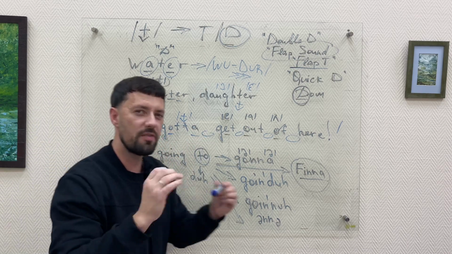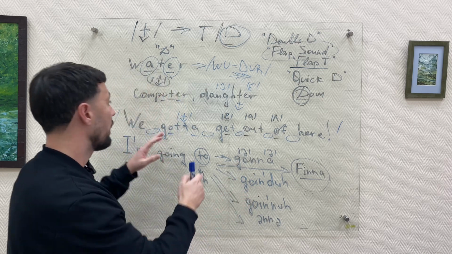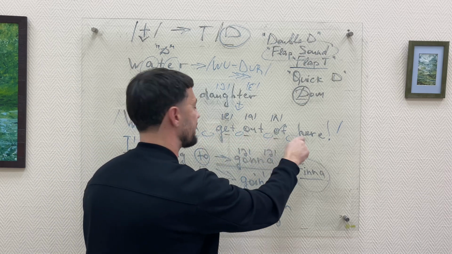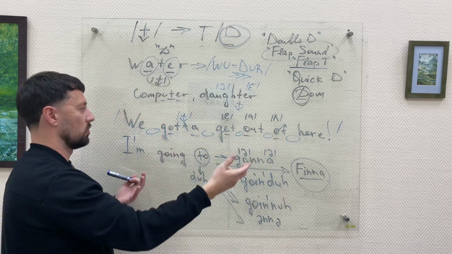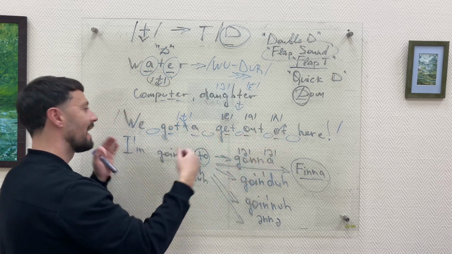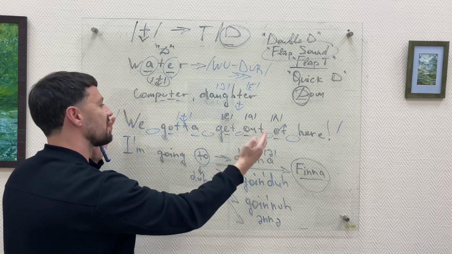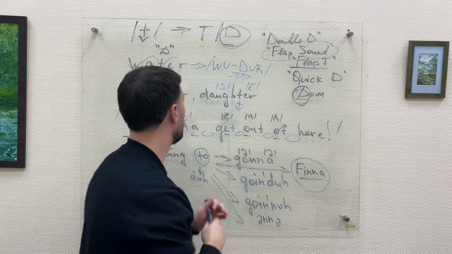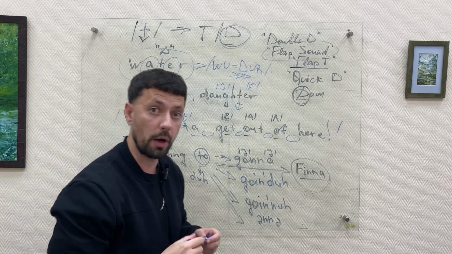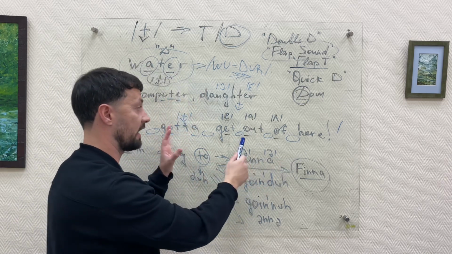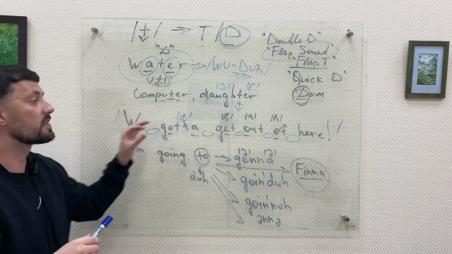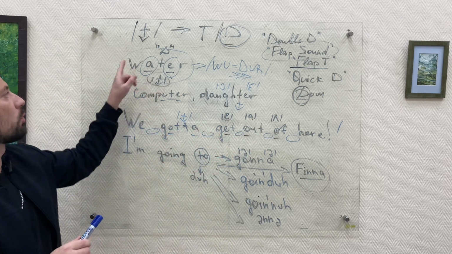Once we've connected it all, it's no longer seven separate words, because gotta, has got to, is three words in one. It doesn't matter how many words there are. Once everything is connected and we have a chunk, we treat the sounds in this chunk as if they were one word.